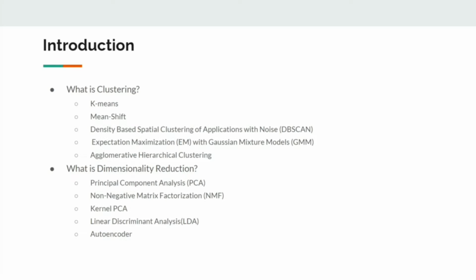Dimensionality reduction is common in fields that deal with large number of observations, such as signal processing, speech recognition, neuroinformatics, and etc. And here are the most used dimensionality reduction algorithms: PCA, NMF, kernel PCA, LDA, and autoencoders.